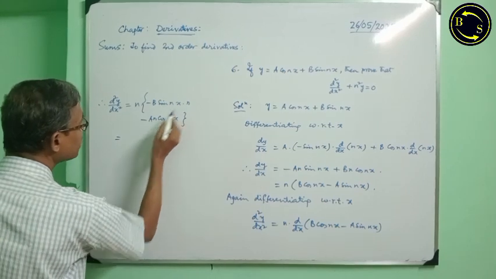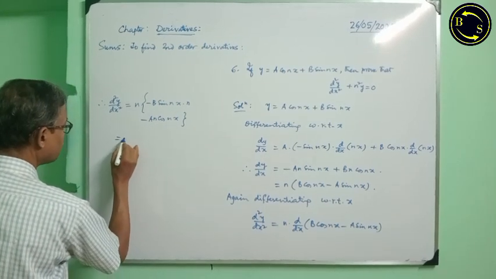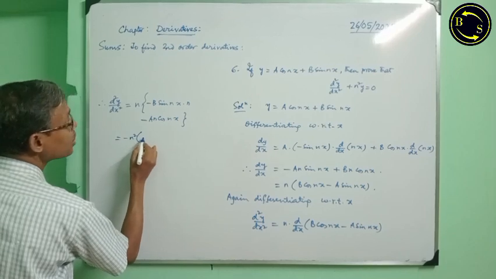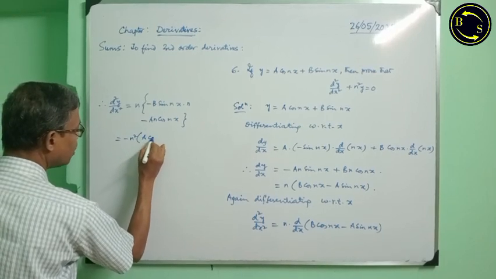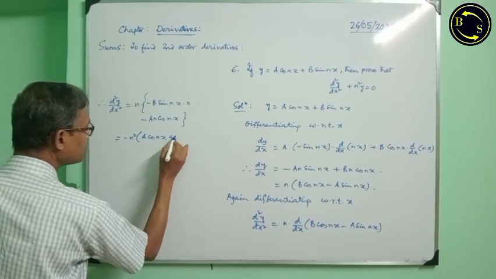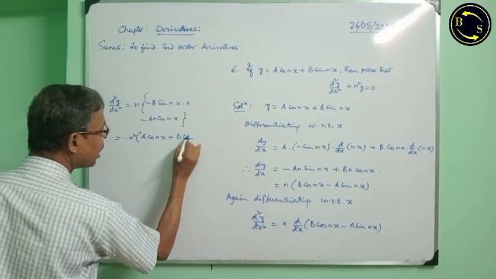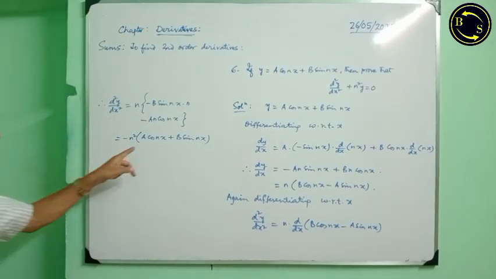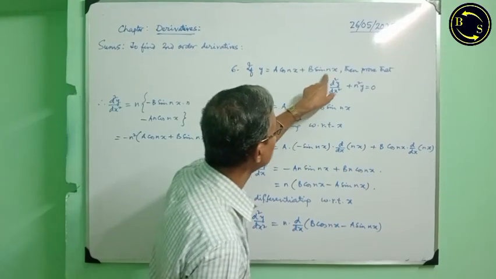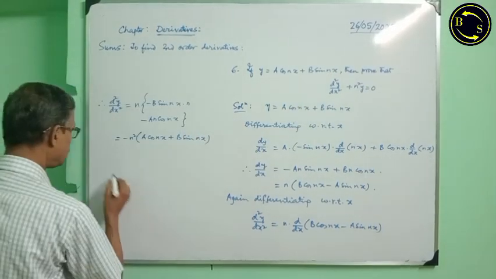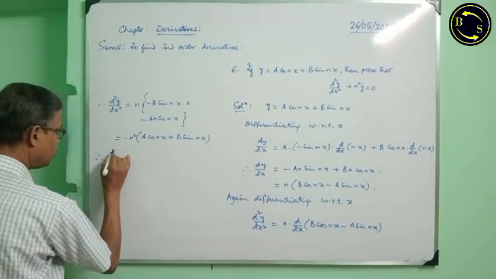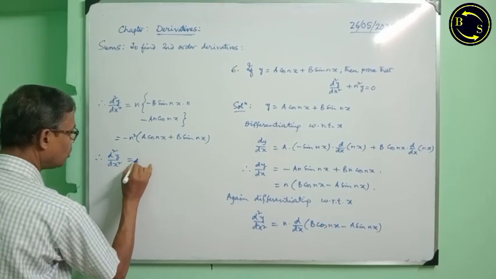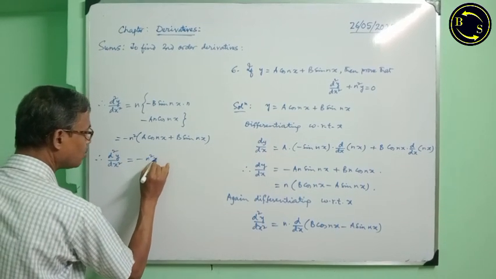Now minus n is a common factor, therefore it is minus n squared times (a cos nx plus b sin nx). Now you note that this is nothing but the original y, therefore d²y/dx² equals minus n squared y.